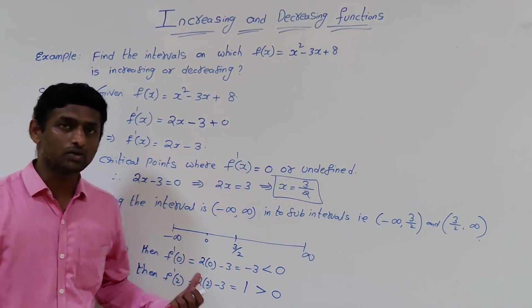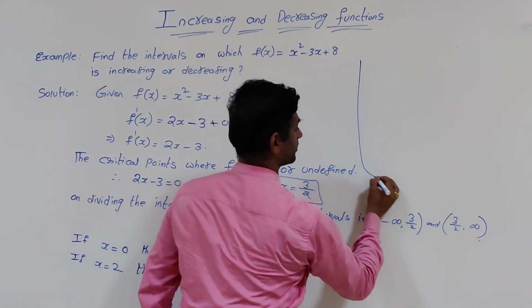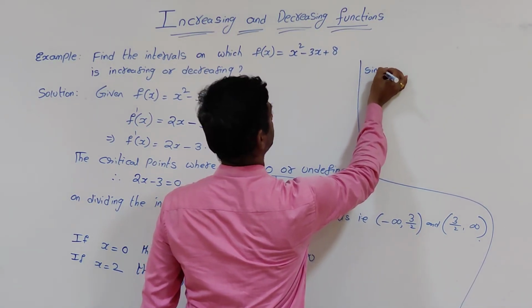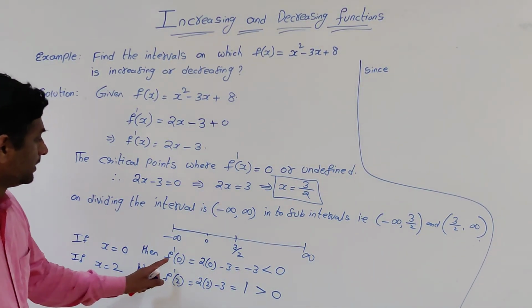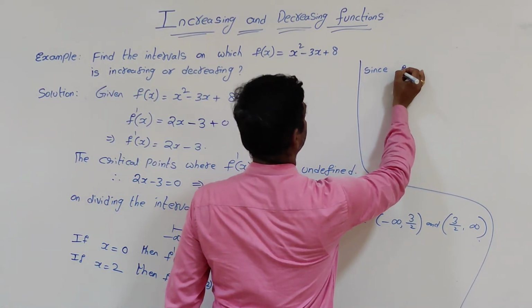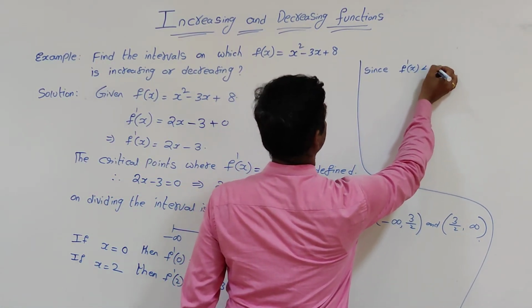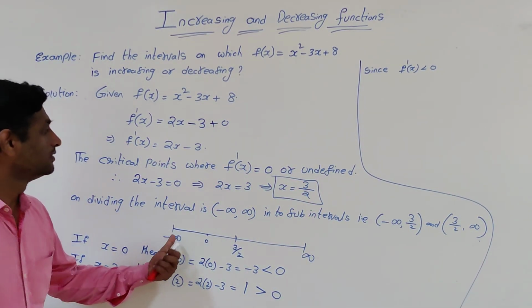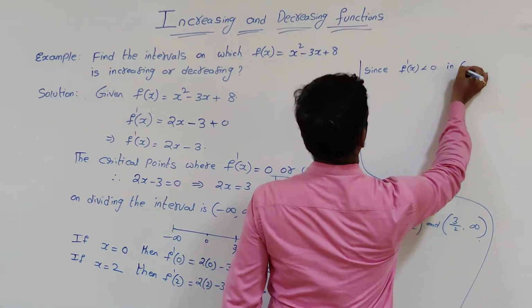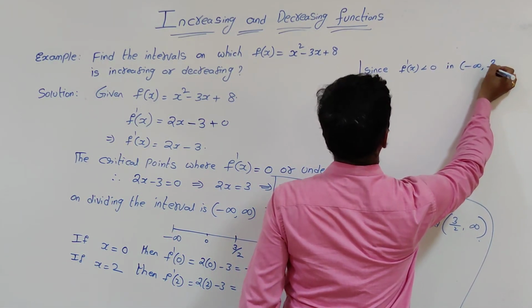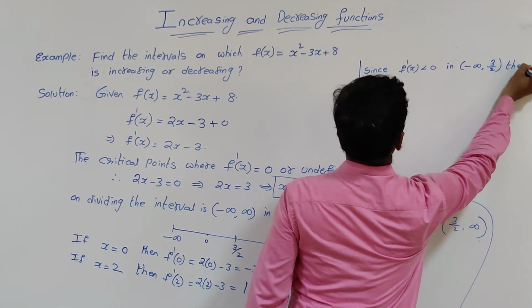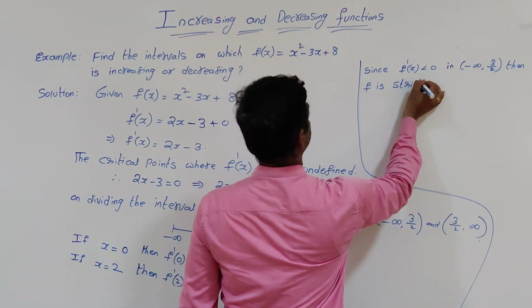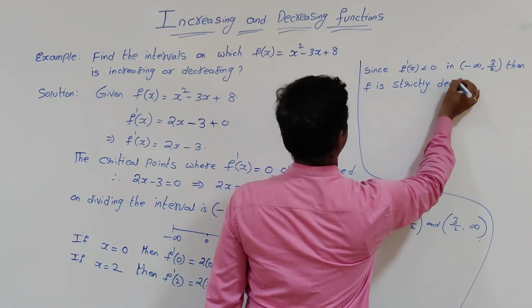So what we can conclude is, since f dash of x is less than 0, meaning we are getting a negative sign in the interval minus infinity to 3 by 2, then f is strictly decreasing.